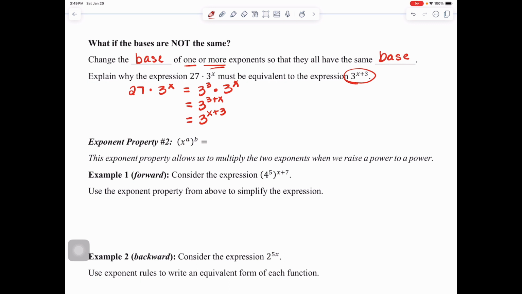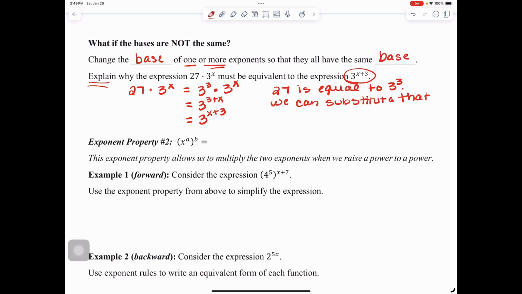So the only other thing we have to do now is explain. So I'm just going to say what I did mathematically. 27 is equal to 3 to the 3rd, so we can substitute that value into the expression and then add the exponents.